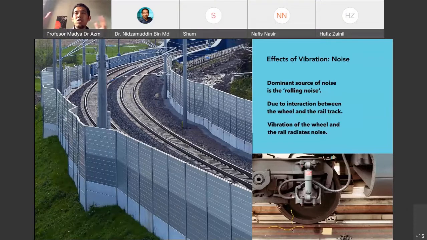Because it's low frequency, the wavelength is long, so the noise can travel quite far. That's why they put this noise barrier.